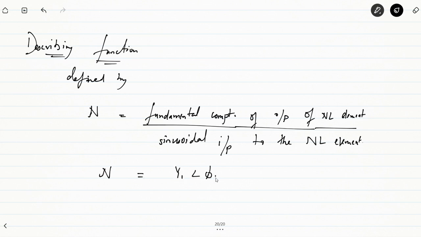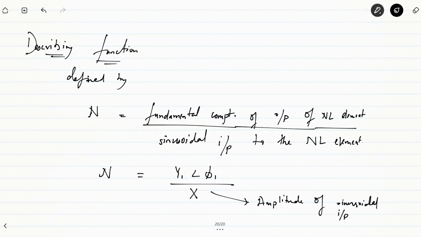That's actually referring to the fundamental magnitude and phase of the output divided by x, where x is referring to the amplitude of the sinusoidal input, y1 is referring to the amplitude of the fundamental component, and phi 1 is the phase angle of y1.